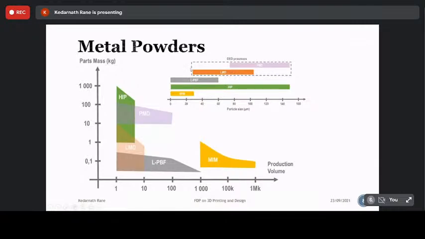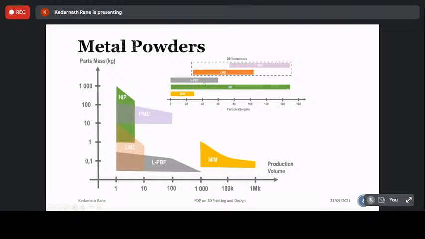We require a higher particle size there. I think tomorrow you are going to cover these DED processes, so you will have more insight into these powder sizes through tomorrow's lecture.